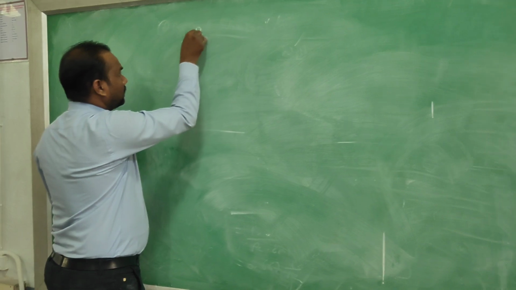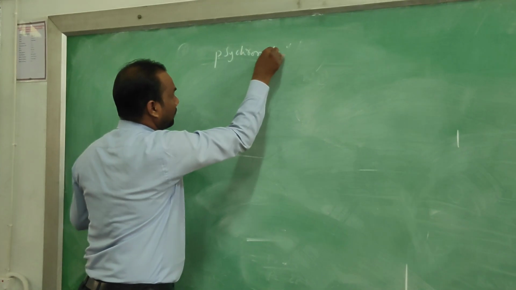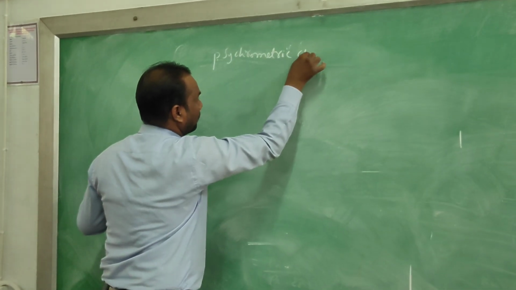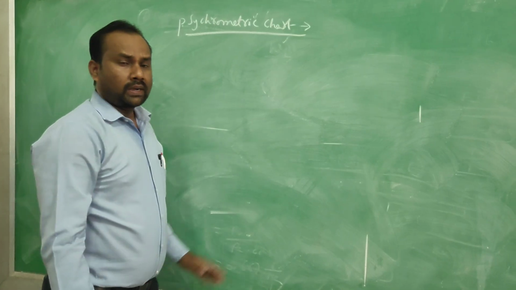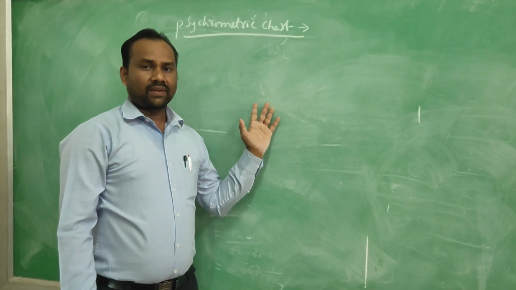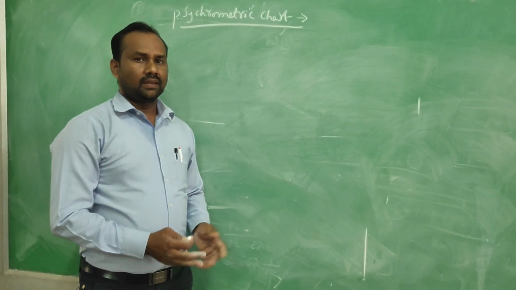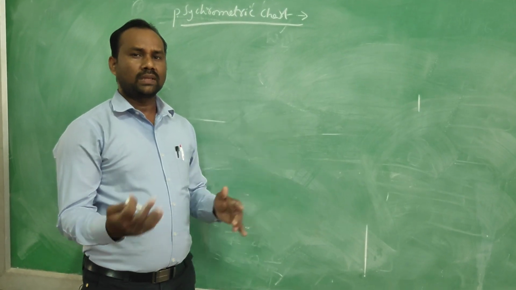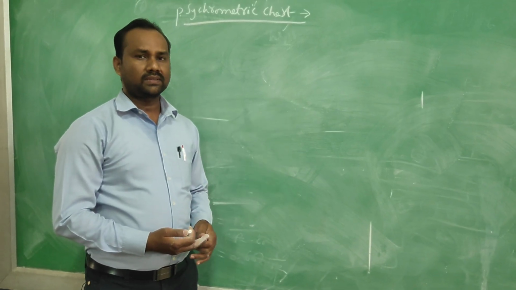So psychrometric chart. What does psychrometric chart mean? It is a graphical representation of various properties of moist air, right? A graphical solution to solve any kind of psychrometric properties of air is called the psychrometric chart.